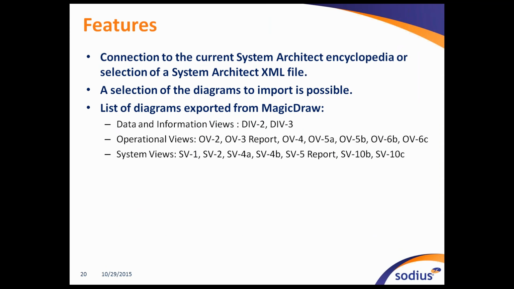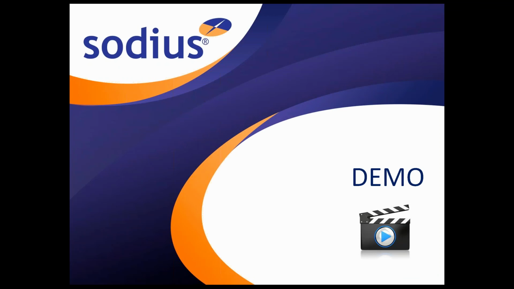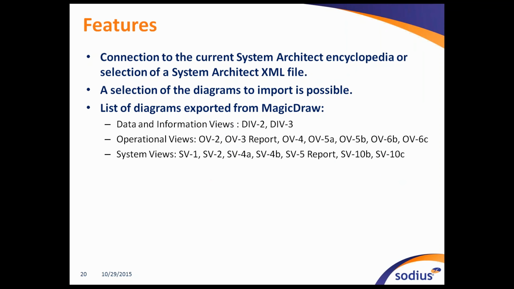The main features are a connection to the current System Architect encyclopedia or a selection of a System Architect XML file. You can select the diagrams you want to import into System Architect, and the diagrams that are exported from MagicDraw are the data information views DIV2 and DIV3, the operational views OV2, OV3 report, OV4, OV5A, OV5B, OV6B, and OV6C.